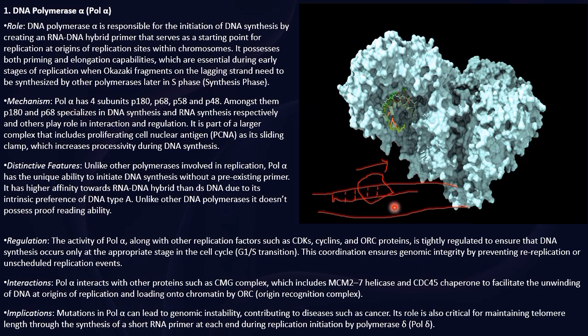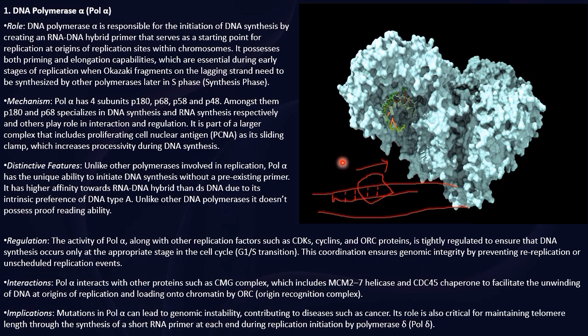And as it has very low affinity towards the double-stranded DNA, it just falls off the double-stranded DNA after some time. It also lacks a very crucial mechanism, the proofreading mechanism.